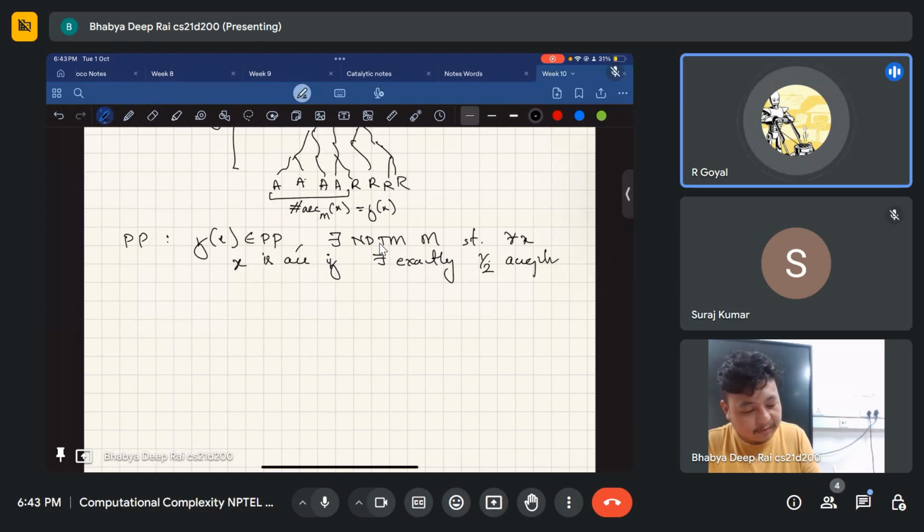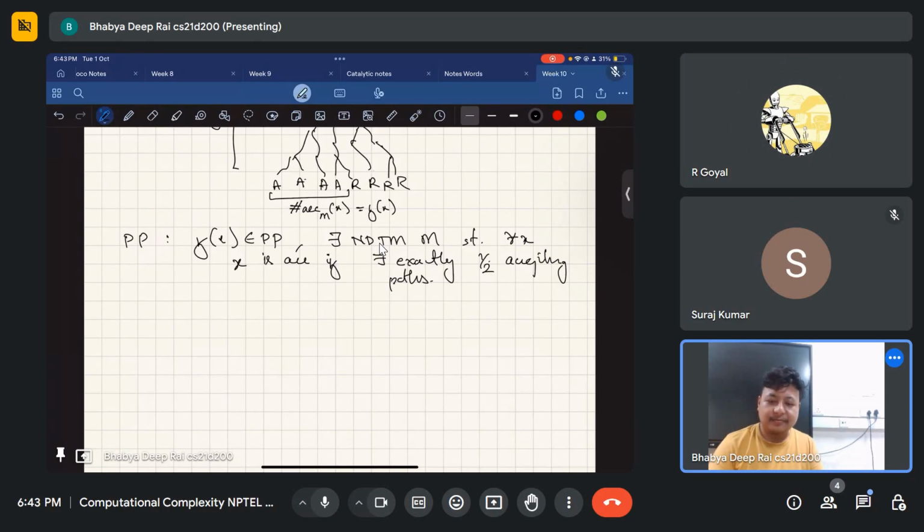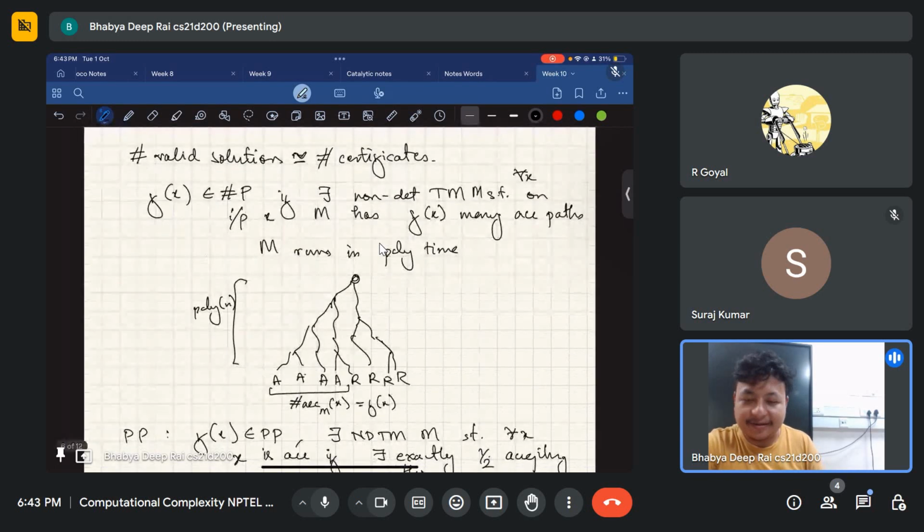And this PP stands for what? Probabilistic polynomial. And for example, BPP is contained in PP, and so on.